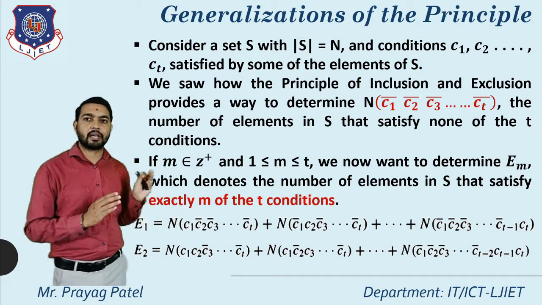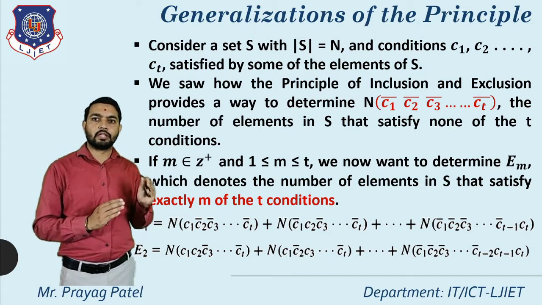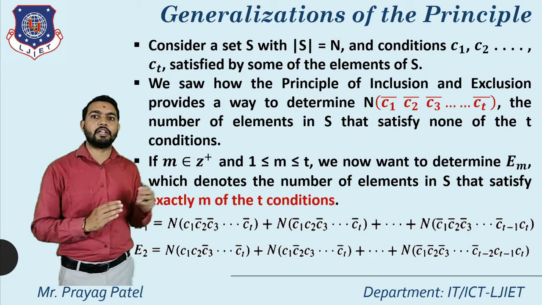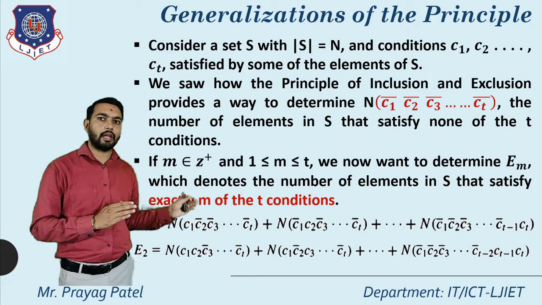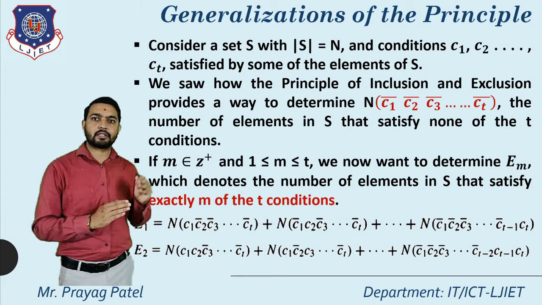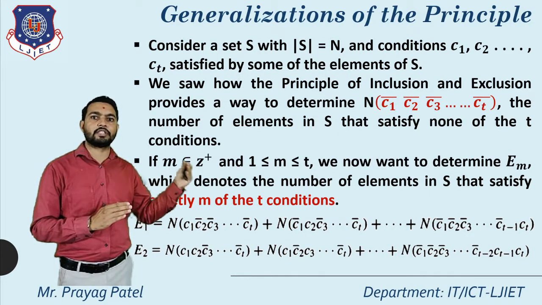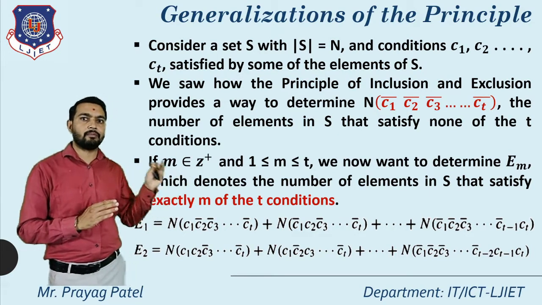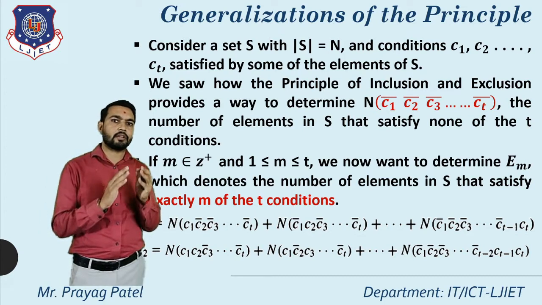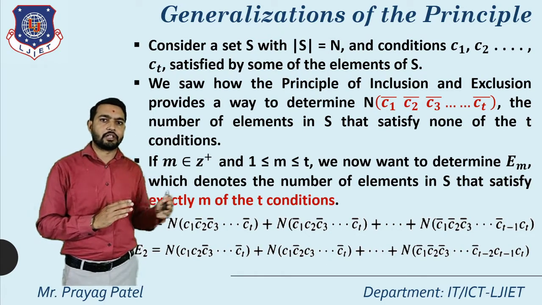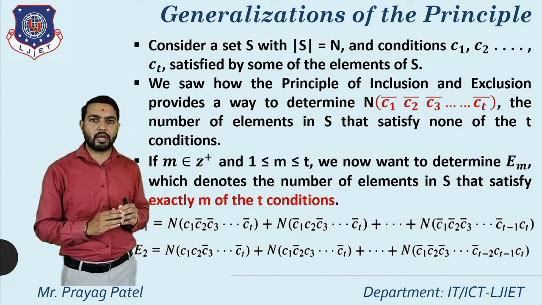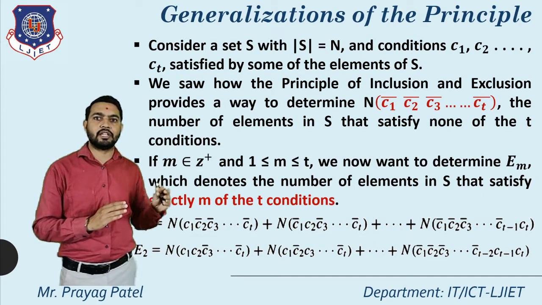So the common equation is N(C1 C2 C3' C4' up to Ct') plus N(C1 C2' C3 C4' up to Ct'), up to the last term N(C1' C2' C3' up to C(t-2)' C(t-1) Ct).